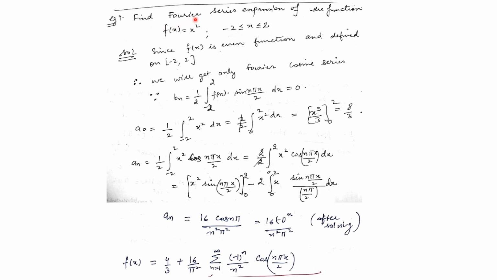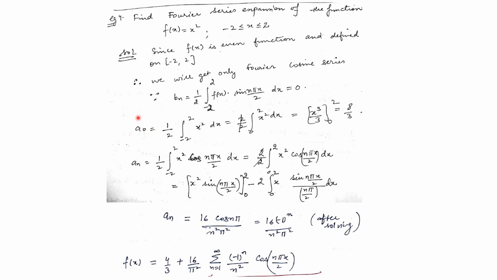For example, we have to obtain the Fourier series of x square over the interval minus 2 to 2. Clearly here the function is periodic with period equal to the length of the interval, which is 4. Now since our function is even, clearly in this case bn's will be 0.